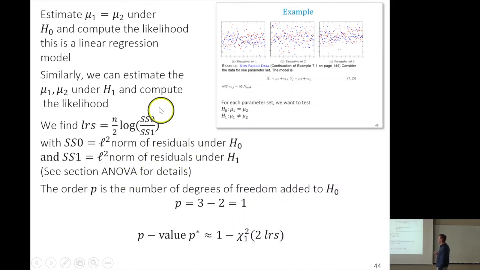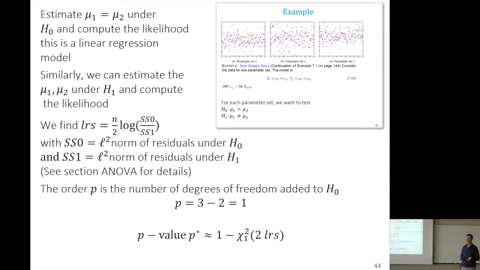In H0, we need to estimate 1 mu and 1 sigma, so we have 2 degrees of freedom. In H1, we have 3 degrees of freedom: we need to estimate mu1 and mu2 and 1 sigma. So the difference is 1 here. Therefore, the p-value is 1 minus the chi-square CDF with 1 degree of freedom of 2 times this quantity here, which is n over 2 log SS0 over SS1.